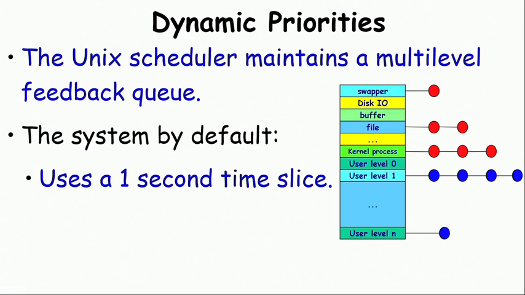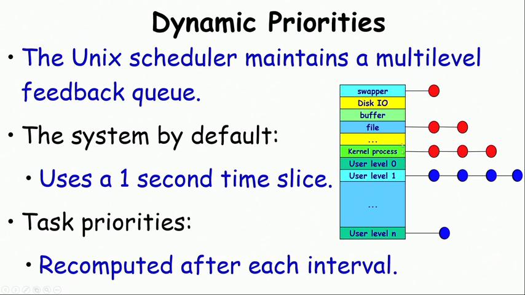The system by default uses a 1 second time slice, and once the user tasks complete their time slice, the priorities are recomputed.